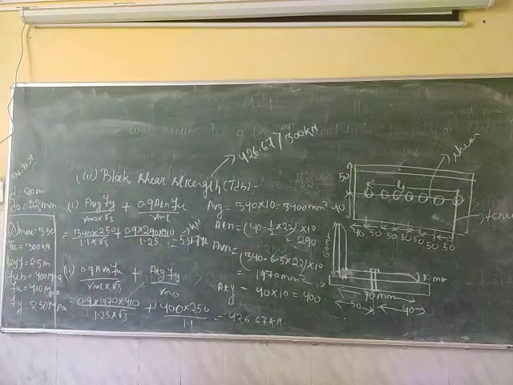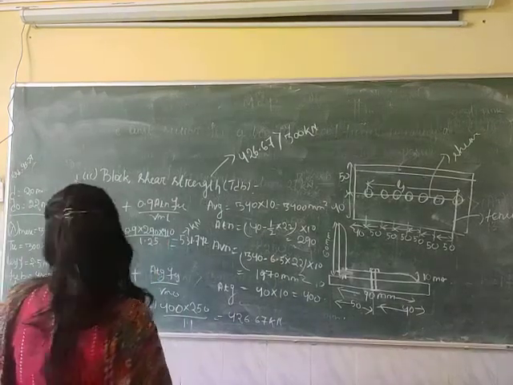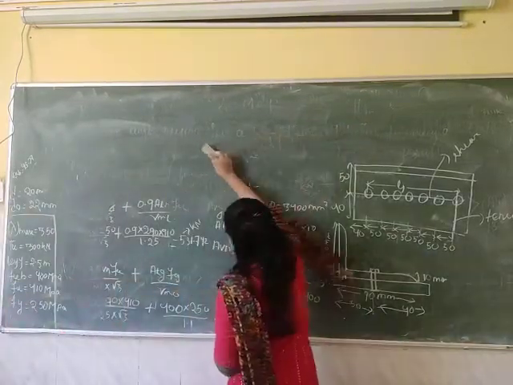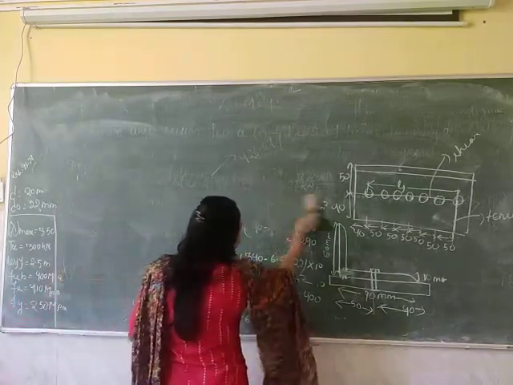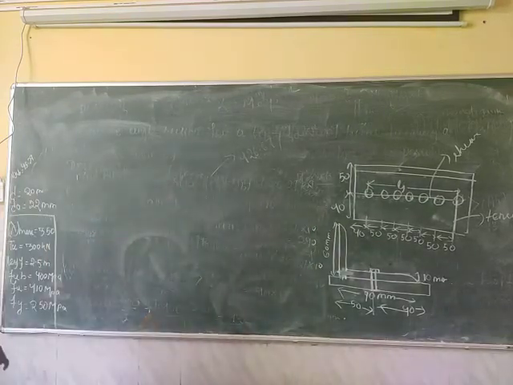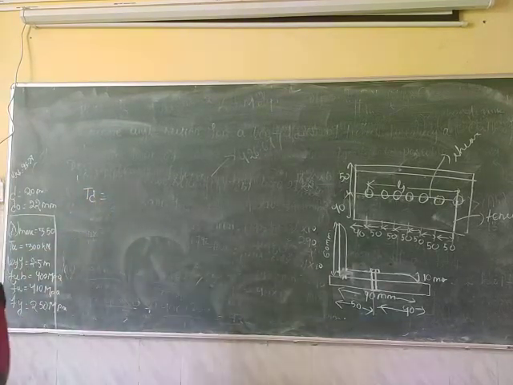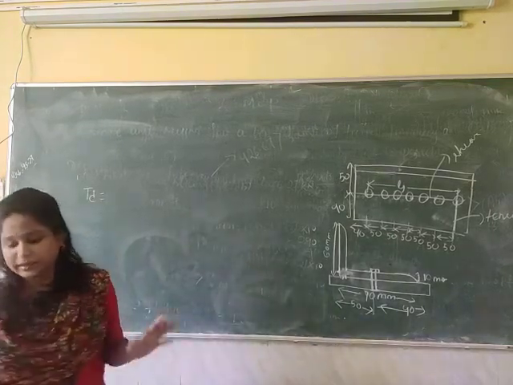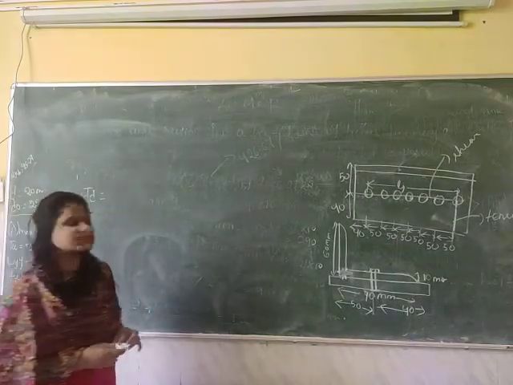Okay. So the design strength of the tension member is the minimum of these three values, that is the yield strength, rupture strength, and block shear strength. Okay. So the design strength of the tension member is the minimum of the yield strength, that is 318.409 kilonewton, then TDN is 349.35 kilonewton, then TDB is 426.67 kilonewton.